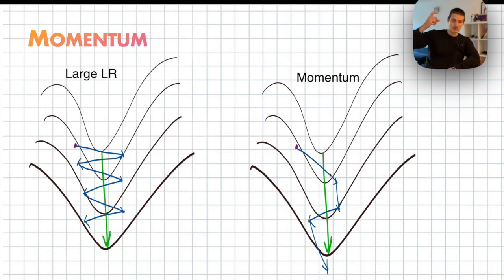But then we have remembered this consistent direction toward the bottom of the basin, because jumping back and forth cancels out the component that points along the ridge. And the component that points down toward the bottom of the basin is constant. It is not changing from jump to jump. So eventually it becomes prevalent. And this means that the descent toward the bottom of the basin will be faster.